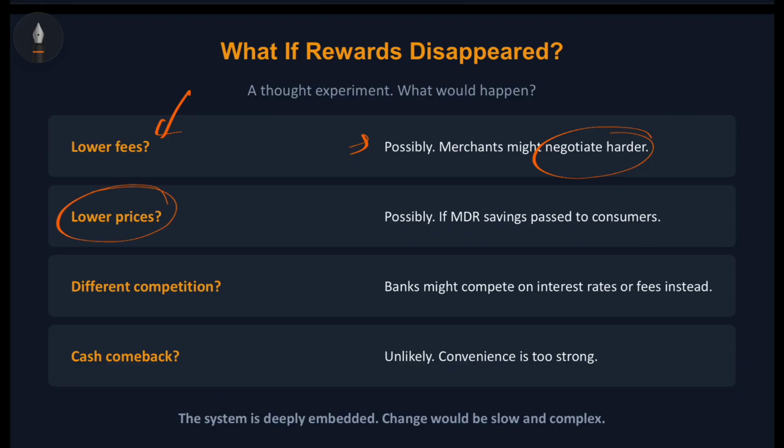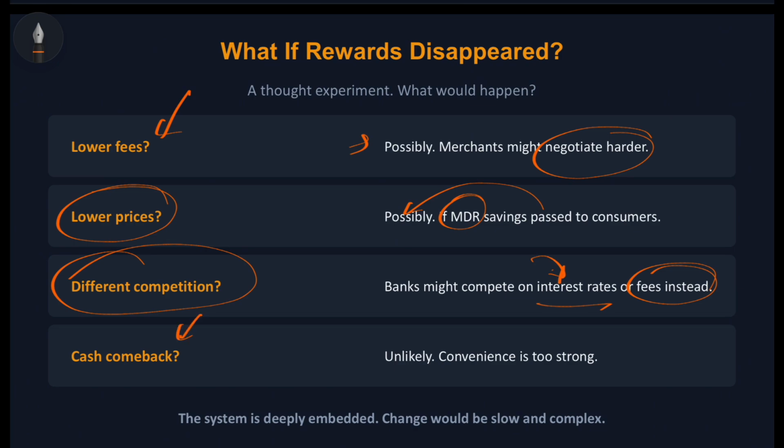Lower prices, possibly, because MDR savings would eventually be passed to the customers, because they were the first tool to extract that cost from. The competition would be on something different. Yes, of course, they might start to compete on interest rates and fees instead, right?